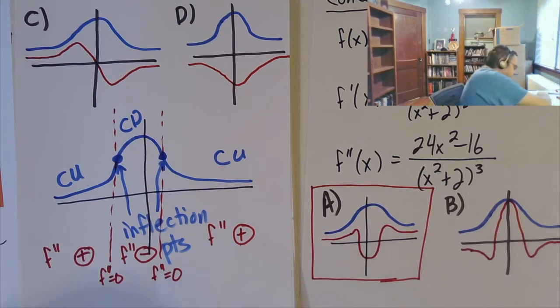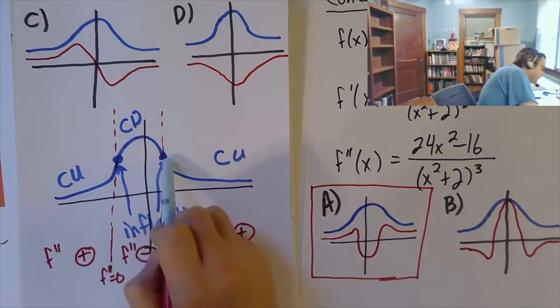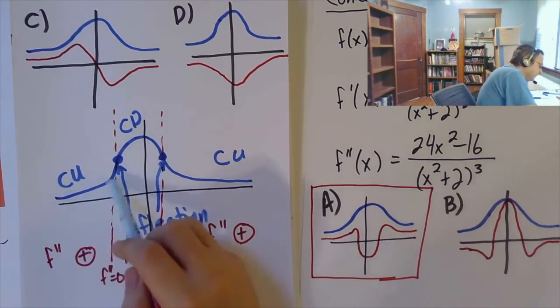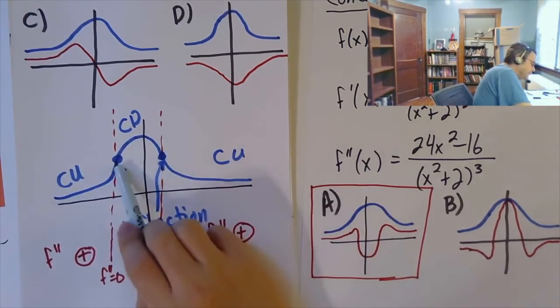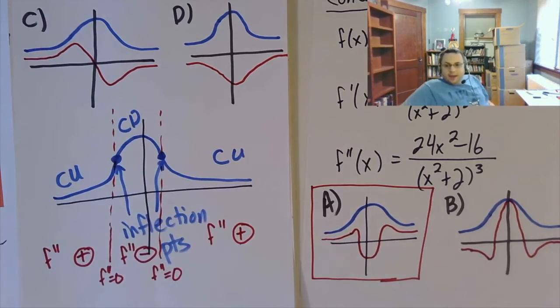Mine is concave up on this piece and concave down on this piece. When it's saying use the graph, what it's encouraging you to do is to read off the graph where the second derivative is positive and negative to answer the question.